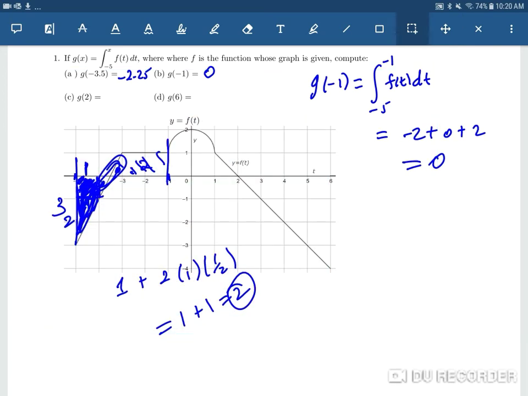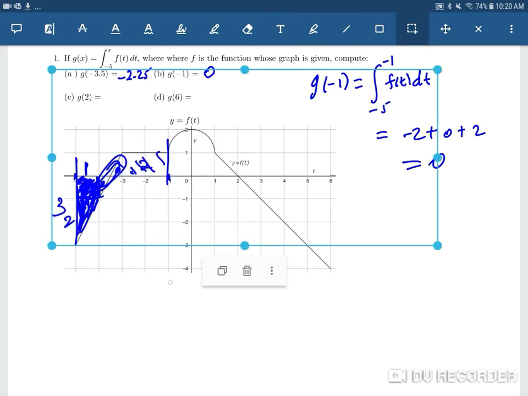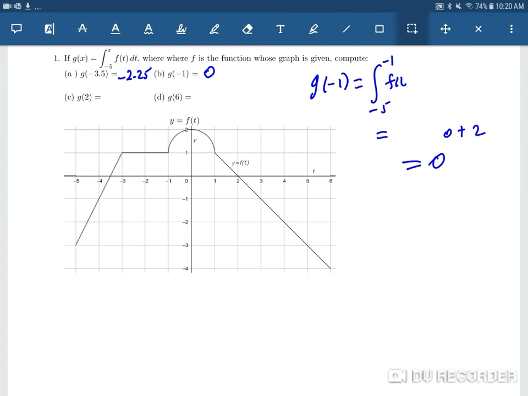Uh-oh. I just want to eliminate this and this. Okay. All right. Okay. Now let's calculate g of 2. G of 2 is the integral up to this point.